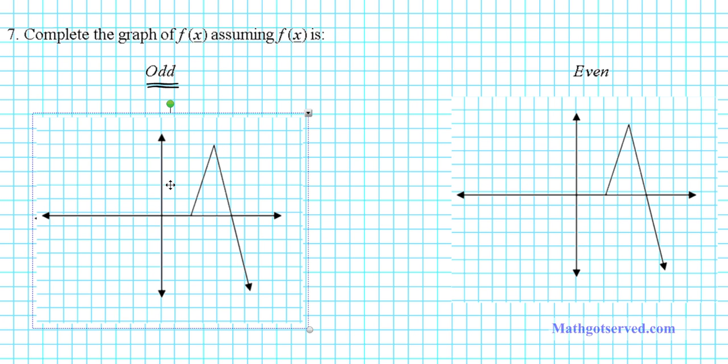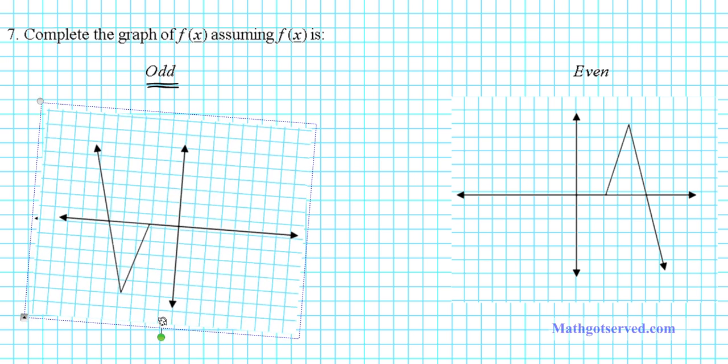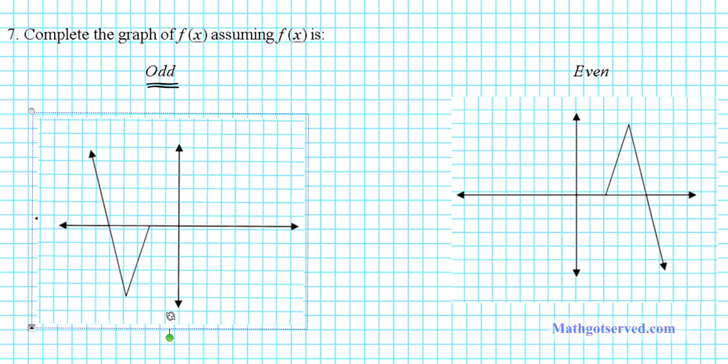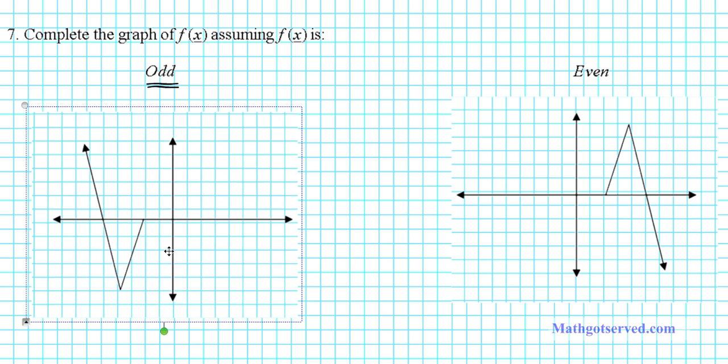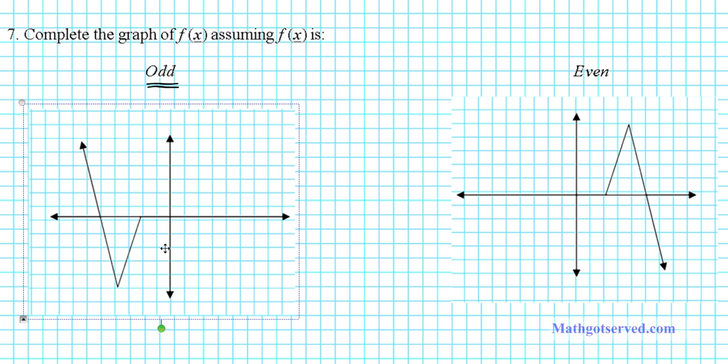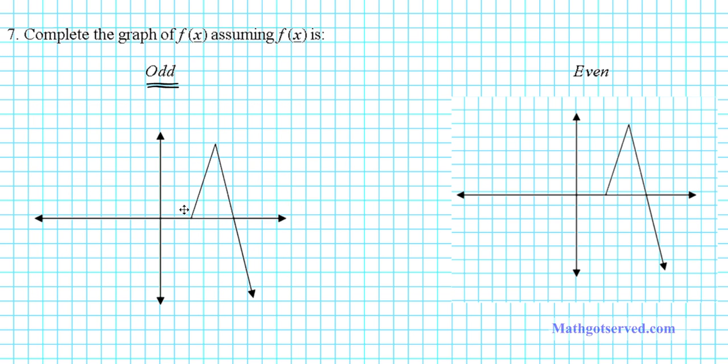Alright, so I just copied this image on top of the other one. So if I rotate it 180 degrees, it could be clockwise or counterclockwise, it doesn't really matter. If I rotate it all the way 180, that's what the graph will be in order to make it an odd function. Okay, so just by rotating this 180 degrees, then we have an odd function.